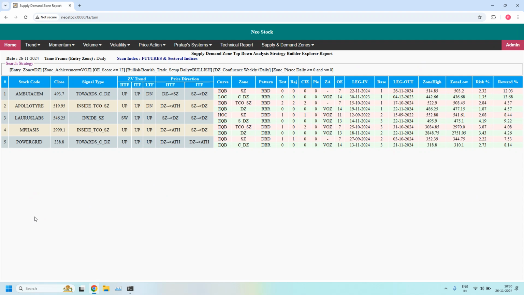So all these daily demand zones are part of the weekly demand zone. Part means they are overlapped with weekly demand zone. Because they are part of weekly and also weekly trend is up, weekly trend means ITF trend is up. And if any of these 5 stocks are having weekly EMA confluence, they could be even more high probability setup supported stocks. Let's verify.